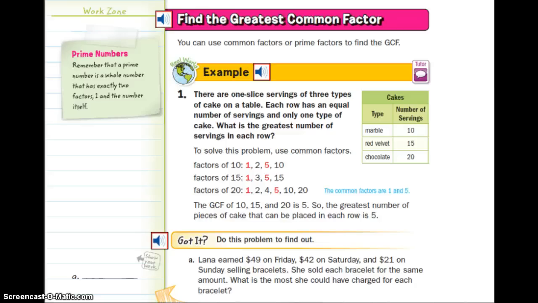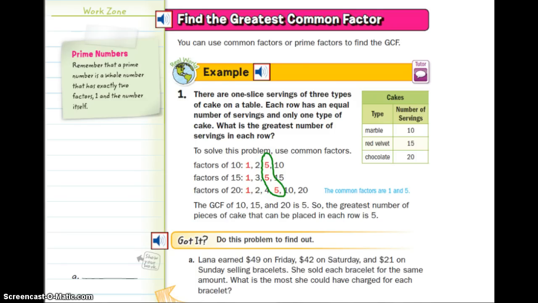The factors for 15 are 1, 3, 5, and 15. The factors for 20 are 1, 2, 4, 5, 10, and 20. So we know that they all have 1 in common. But is there another number that is higher than 1 that they have in common? You guessed it, it's 5. So the greatest common factor for these 3 numbers is 5.